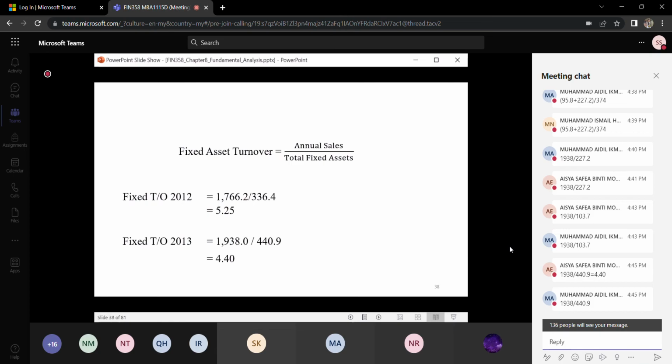Right, so we check 1938 divided by 440.9. Again, we compare, year 2012 is better, 5.25.